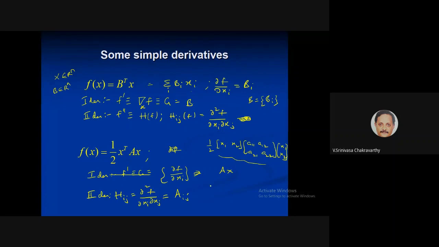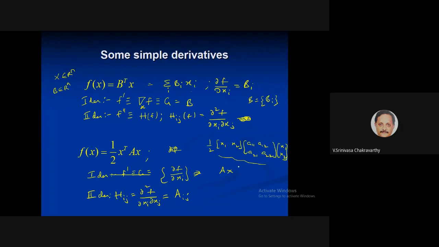Then dou f by dou xi, you can show laboriously, by taking this expression as an example and differentiating with respect to x1 and then x2 and so on, that del of f with respect to x is nothing but Ax. You have quite an elegant form. And the Hessian, dou square by dou xi dou xj, is nothing but the matrix A. The ijth element is equal to aij.